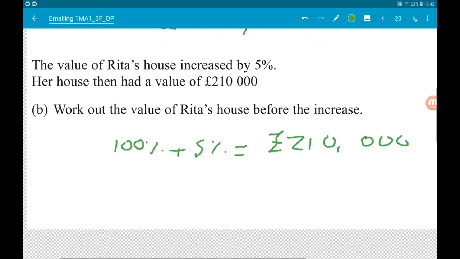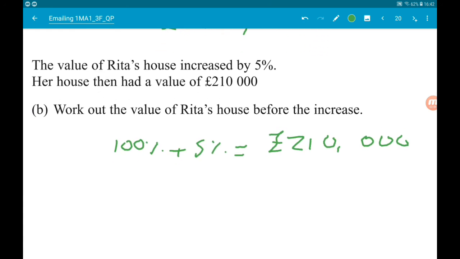So 105% is £210,000. Now, what we want to do is get back to 100%. So, we can do this in 2 moves.